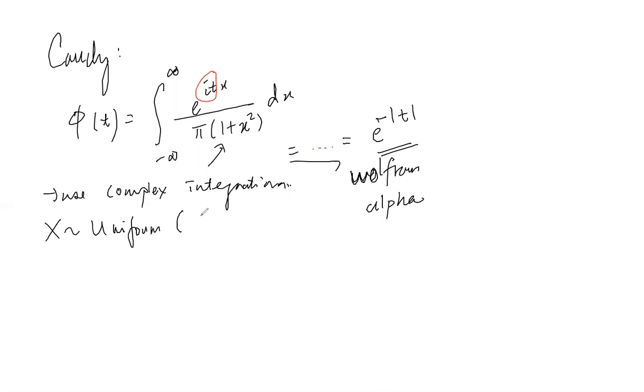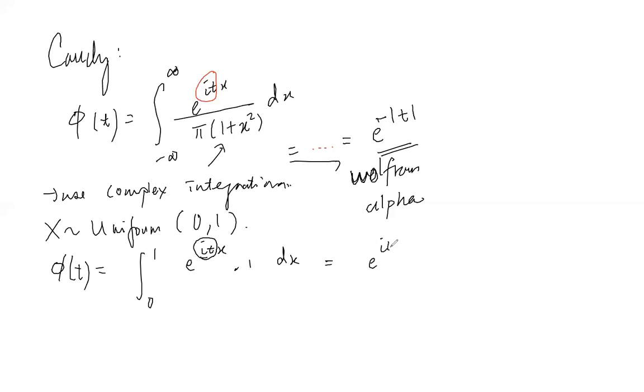Uniform 0, 1. Okay. So my phi of t will be the integral from 0 to 1 of e^(itx) times 1 dx. So this one you can basically use the hack, you treat it as a constant.